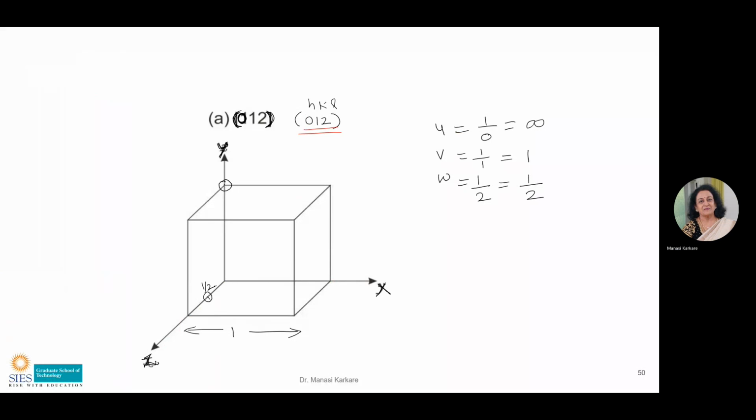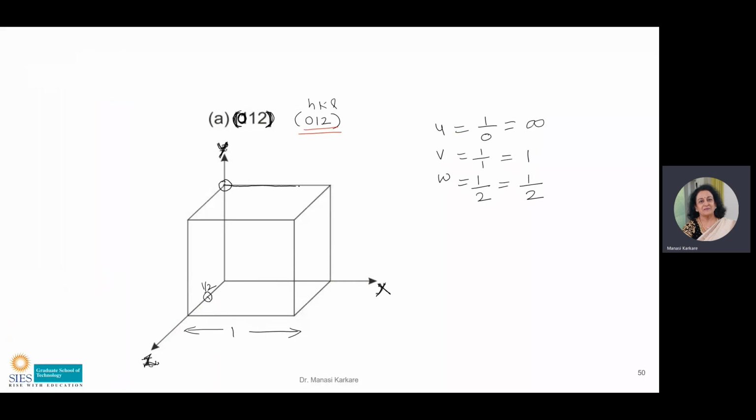Now, third intercept is infinity. X-intercept is infinity. That means the plane will not intercept x-axis at all. So from the given two intercepts, you have to draw a line segment parallel to x-axis.